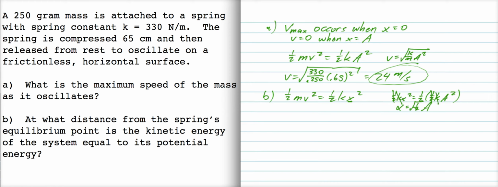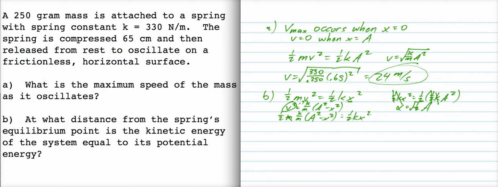The other way takes a little longer, it's kind of a brute force way, but you can use the expression v squared is equal to k over m times a squared minus x squared. So if we plug that in up here, we get 1/2 m times k over m times a squared minus x squared is equal to 1/2 kx squared.